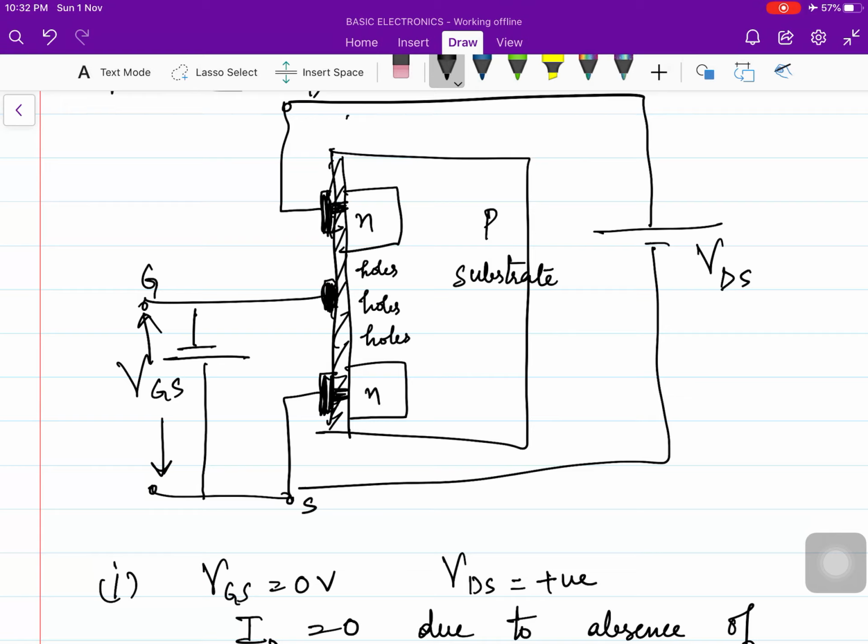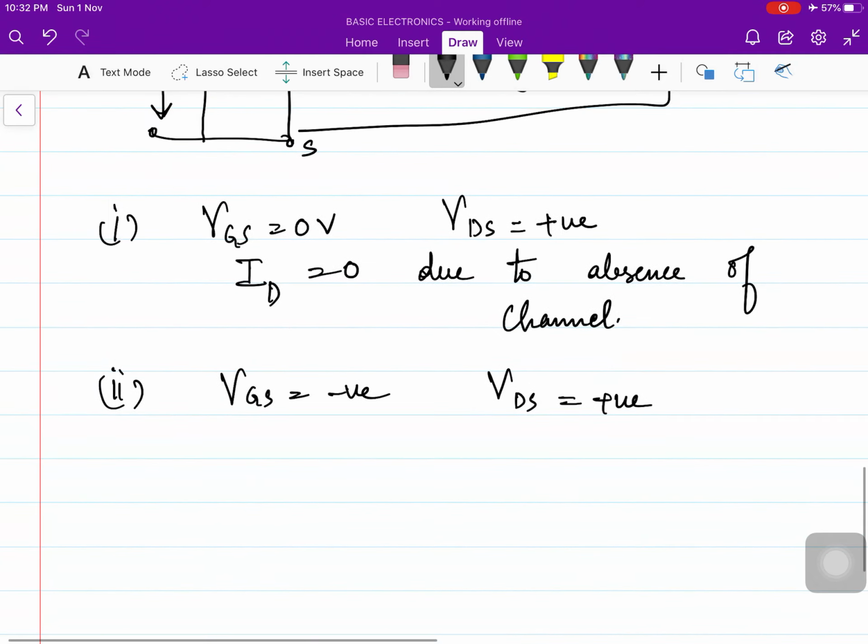But do we need holes over here? We have already discussed that a channel should be of the same type as that of the regions which are connected to the source and drain. Then only current can flow. So the channel which would have been made up of electrons is now made up of holes, which is of no use. So that means the bridge is again not formed and ID is again equal to 0 due to the absence of channel.